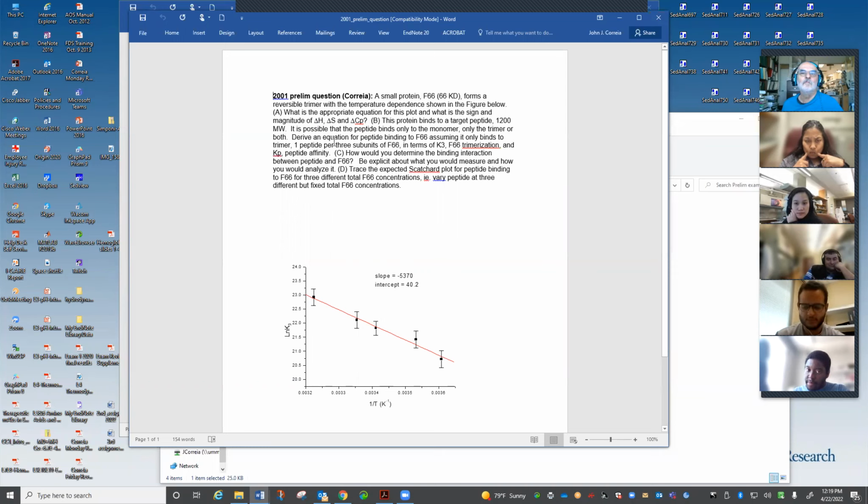And then in this particular case, it's saying that there's a drug and the drug may bind to this protein, or there's a small molecule that binds to this protein. And maybe it binds to the monomer, maybe it binds to the trimer, maybe it binds to both. How would you sort that out? And what would data look like in various plots?